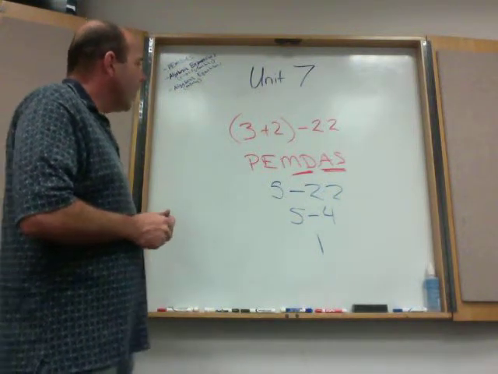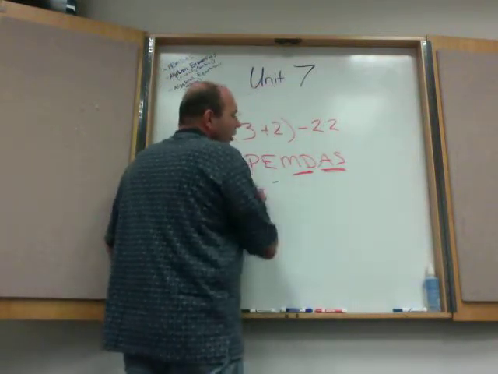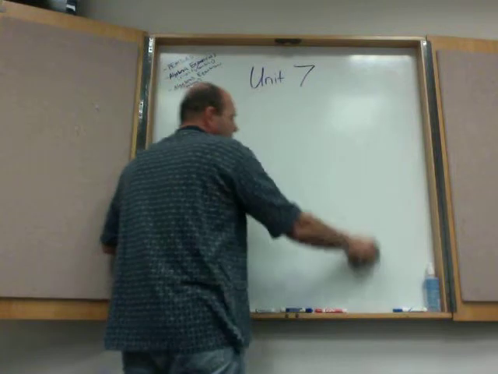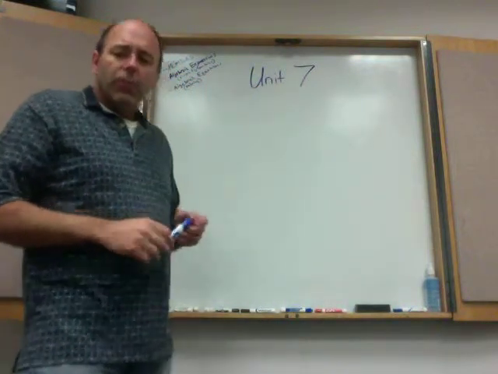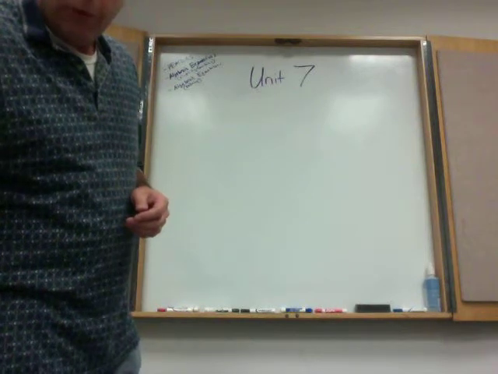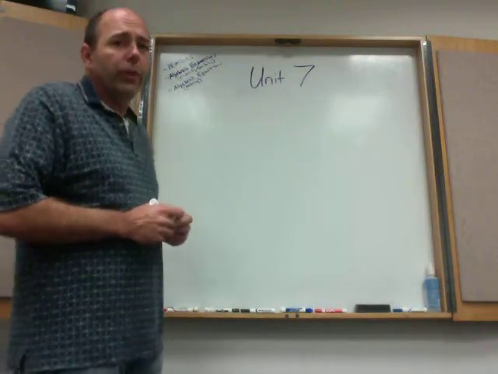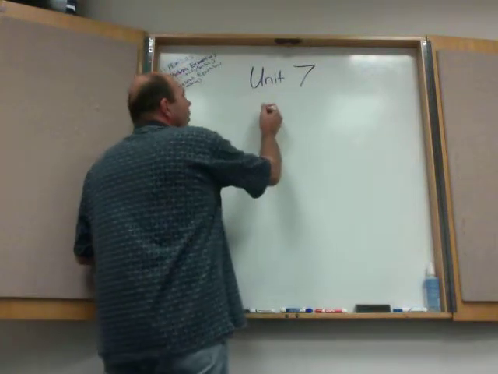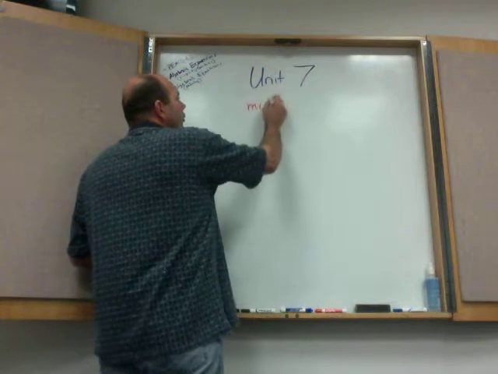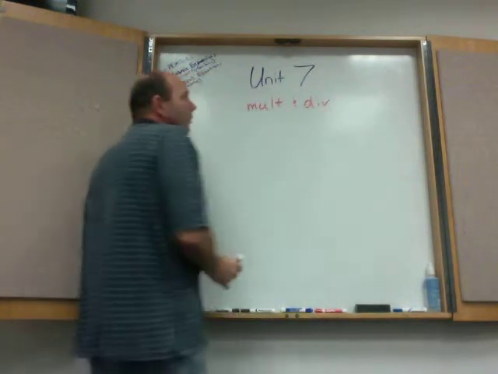The other thing that we're going to look at real quick is operations with integers. There are 4 operations with integers, and multiplication and division of integers follow the exact same rule.